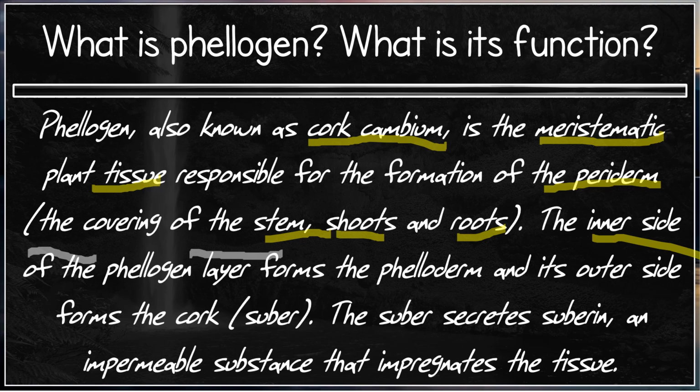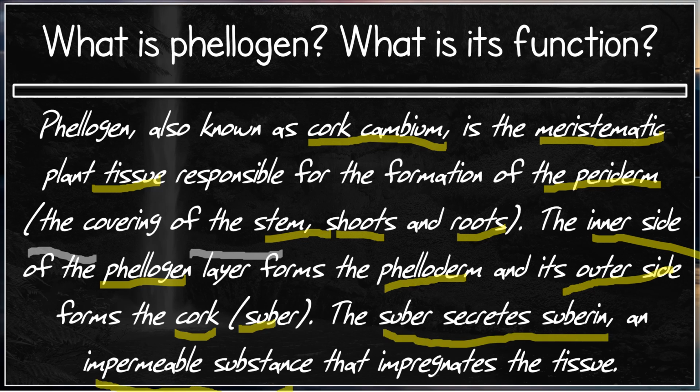The inner side of the phellogen layer forms the phelloderm, and its outer side forms the cork or suber. The suber secretes suberin, an impermeable substance that impregnates the tissue.